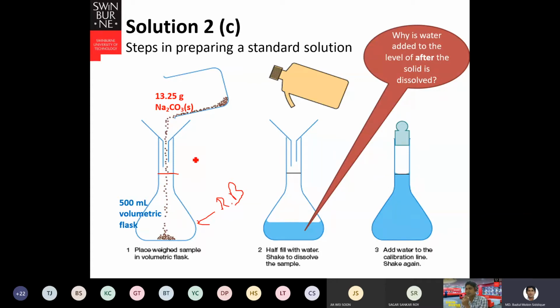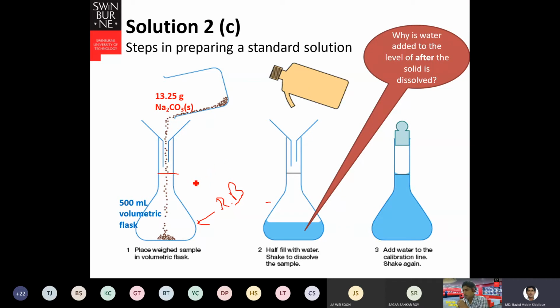in the solution. So the technique is you put the solid first, after that you put some water, just enough water so that it becomes dissolved, and then you swirl it, add water and then swirl it, not stir it but swirl it like this, so that it will be well mixed.